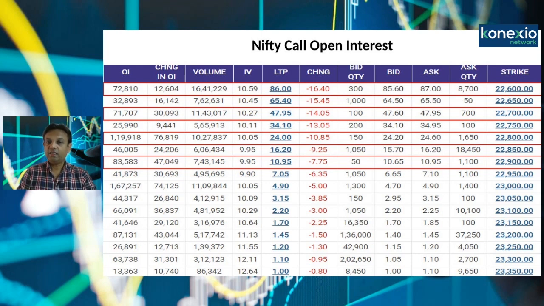And as I said, 22,619 or 22,620, which is the lifetime high, would be the immediate resistance. And here also you can clearly see that on 22,600 there has been a strong volume concentration as well as the open interest concentration.